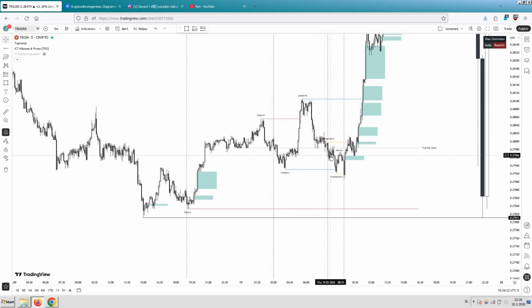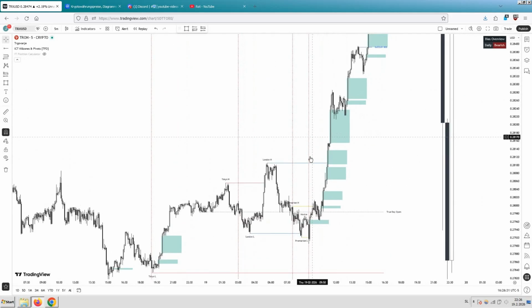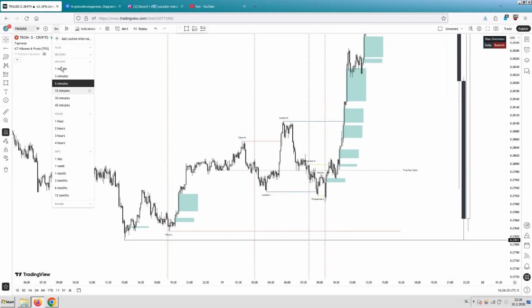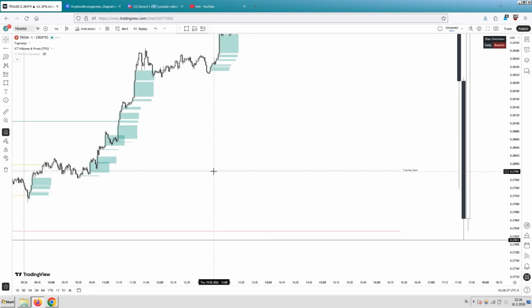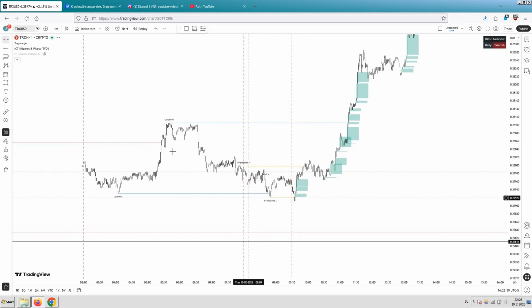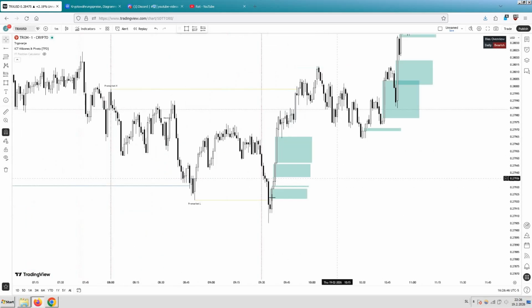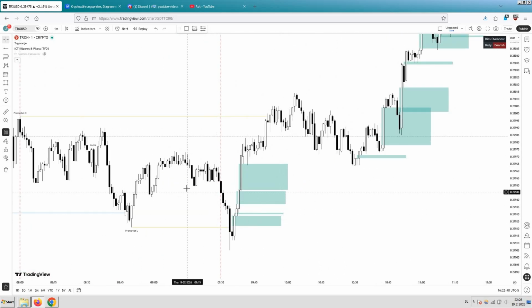This is called the power of 3, okay? So then we have little accumulation, and then manipulation, and then distribution higher, okay? That would be the logic behind the power of 3. So we can see that even though the daily bias is bearish, we can also anticipate that we will have a bullish distribution.